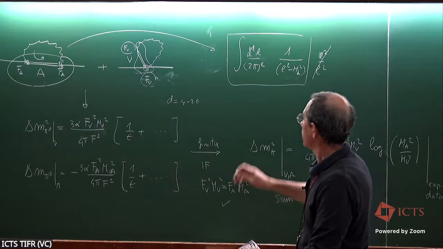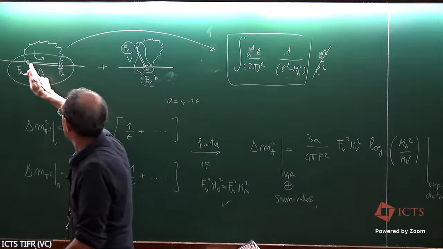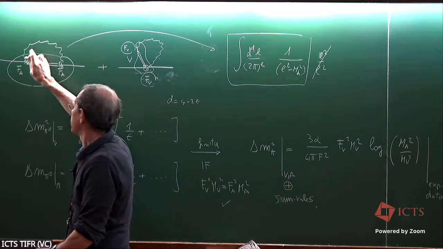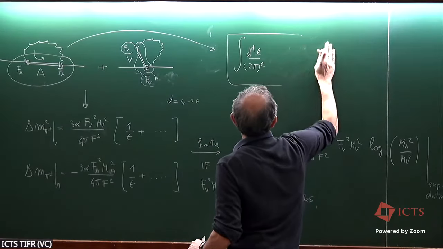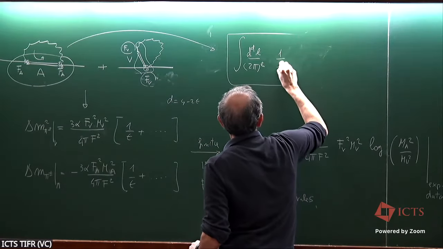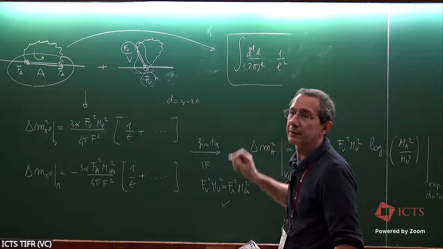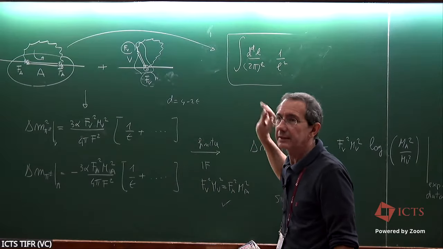So you see, here the propagator is massless. It's all massless, so I have an integral of this type, which in dim reg is 0. It's scaleless.